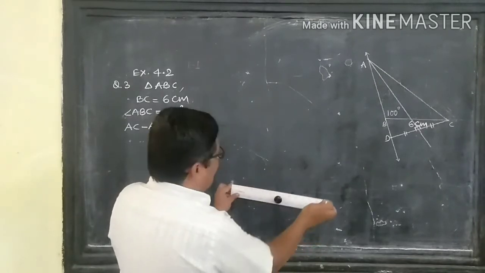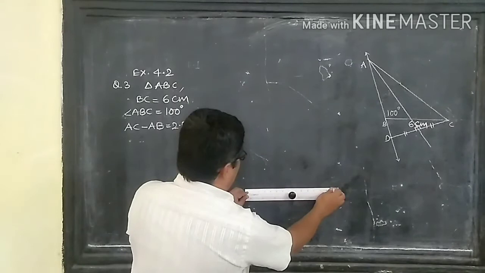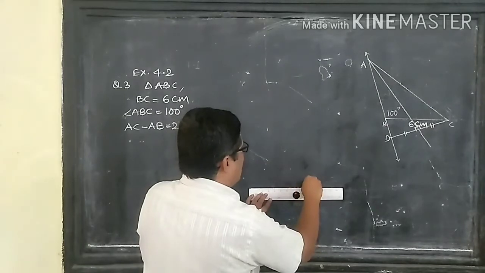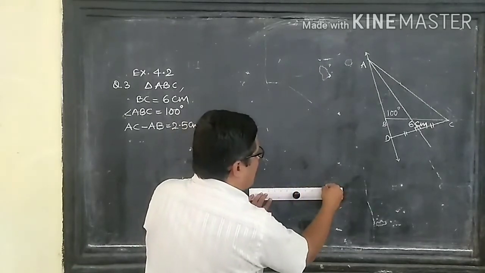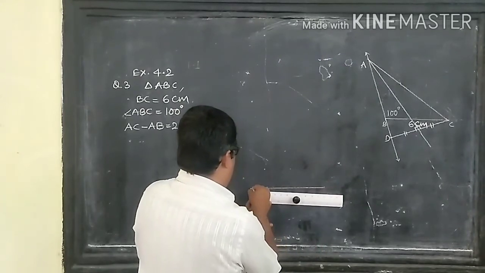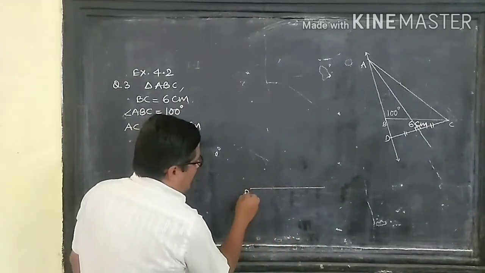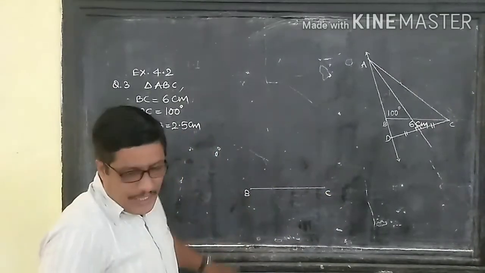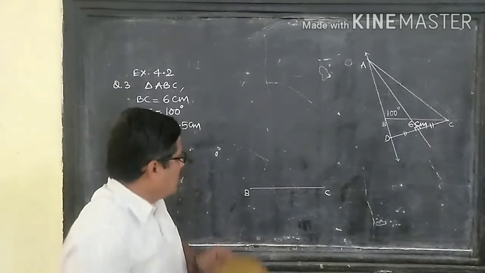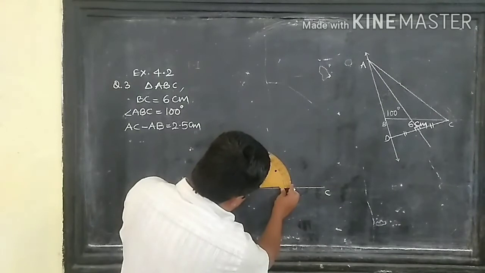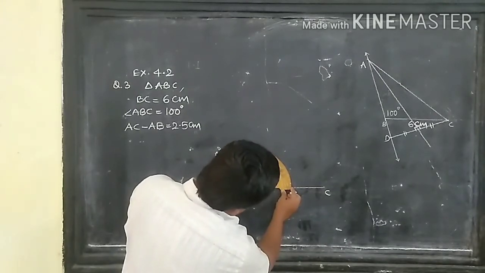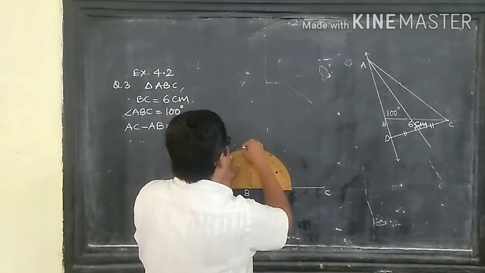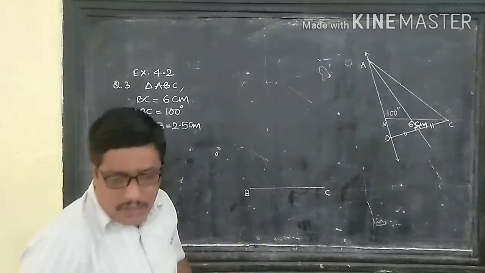So first of all we have to take segment BC of length 6 centimeters. So segment BC. Now the second step is we have to draw an angle of measure 100 degrees. So this is an angle of measure 100 degrees.